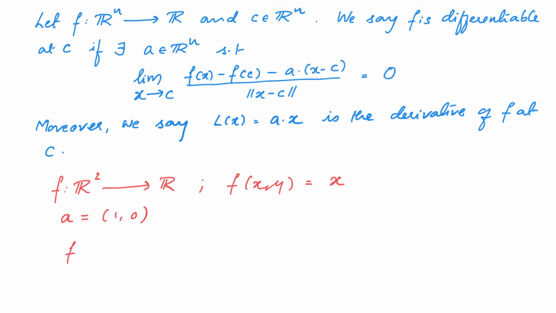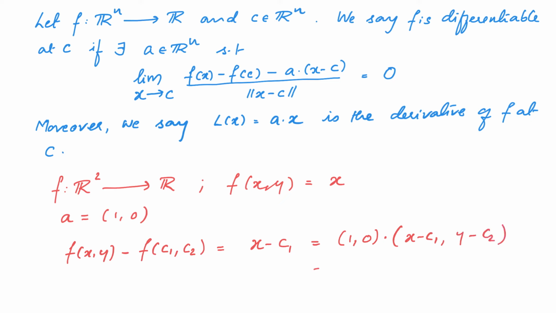Then notice that f of x comma y minus f of c1, c2 is equal to x minus c1, which is equal to 1, 0 dot x minus c1 comma y minus c2, which is equal to 1, 0 dot x comma y minus c1 comma c2.